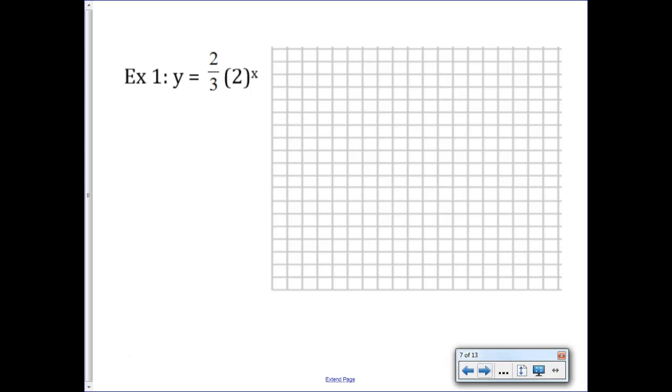So here we have y equals 2/3 times 2 to the x. So I'm going to go ahead and put my graph on here, my x and y axis. So my a value is 2/3, so my point's going to be at (0, 2/3).